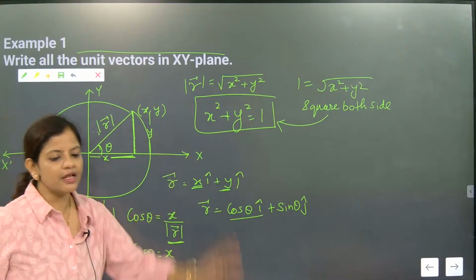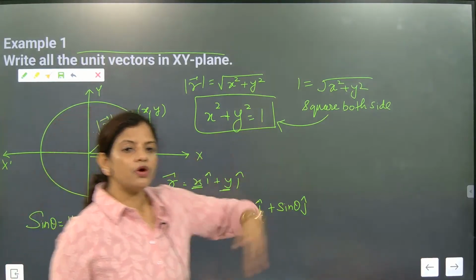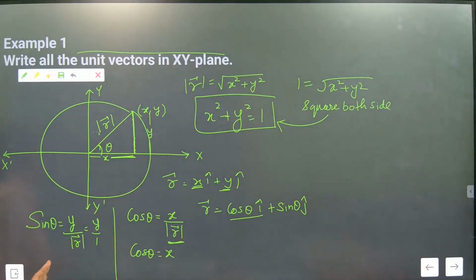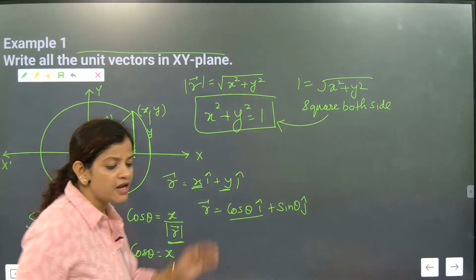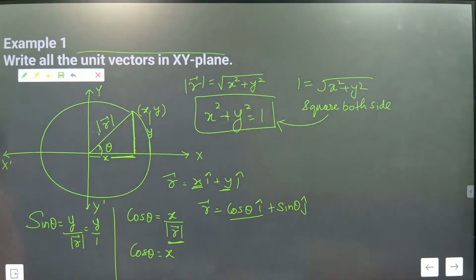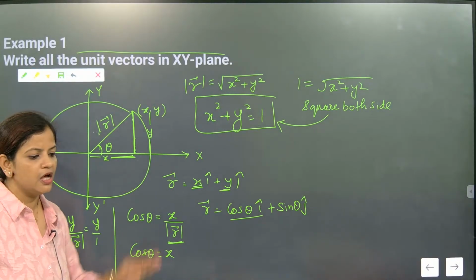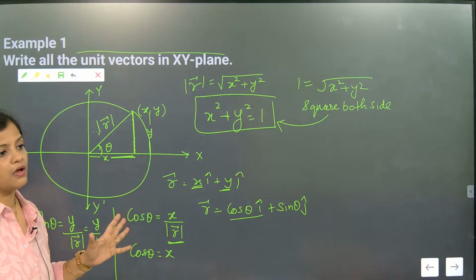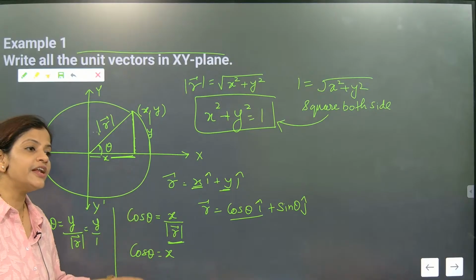Now the theta angle can be anything, and theta will keep on dancing in the axes and give you all the unit vectors in the xy plane. It will give you all the unit vectors in the xy plane, and this is the jackpot part. Whenever anybody asks in an MCQ, they can ask this question: write the unit vector in the xy plane.